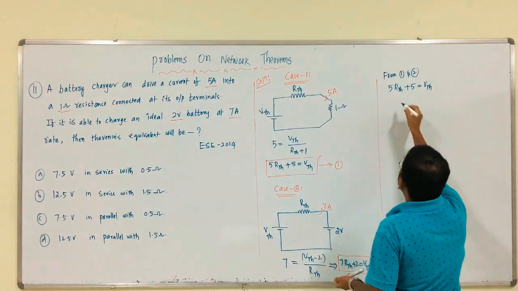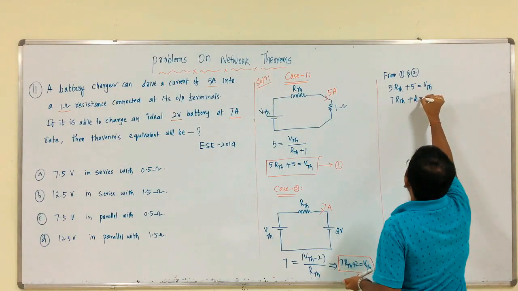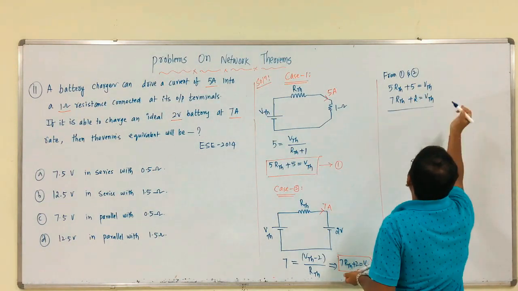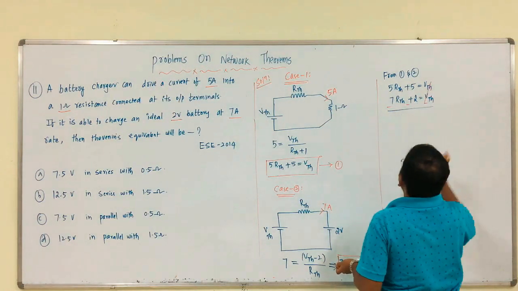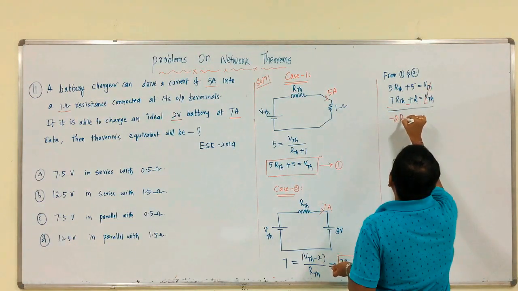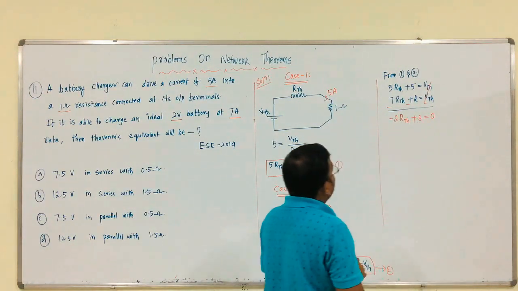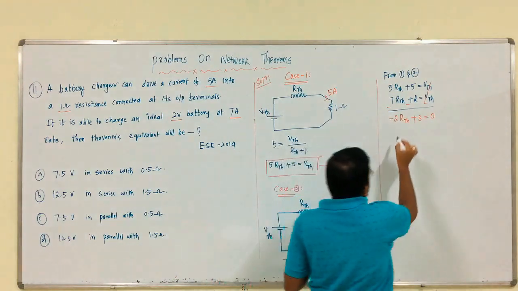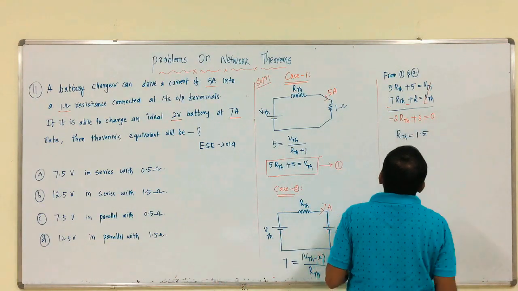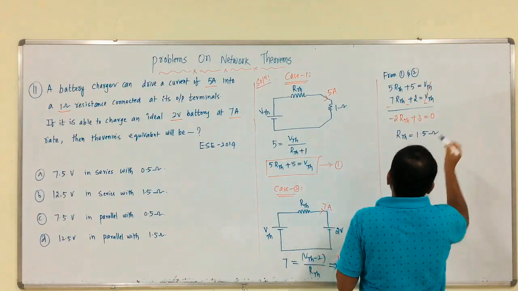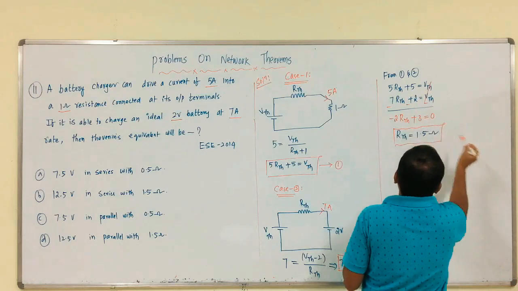What is the second? 7 RTH plus 2 is equal to VTH, right? These two get cancelled, therefore minus 2 RTH plus 3 is equal to 0, right? From this RTH is nothing but 1.5 ohms. We have RTH, that is 1.5 ohms.